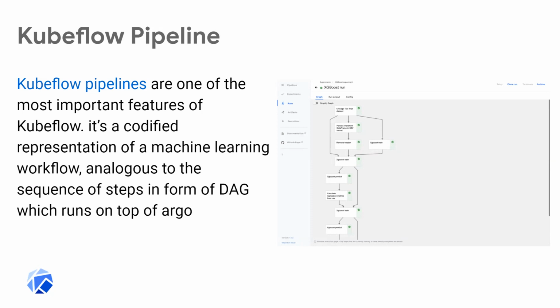You can see on the picture how it looks. We have different steps of the machine learning workflow, in this case XGBoost training. Each step is pretty much a container running separately, and we are passing data between the different steps.